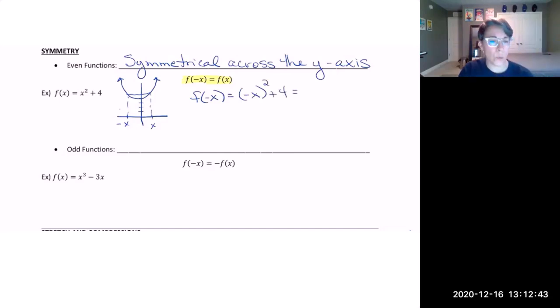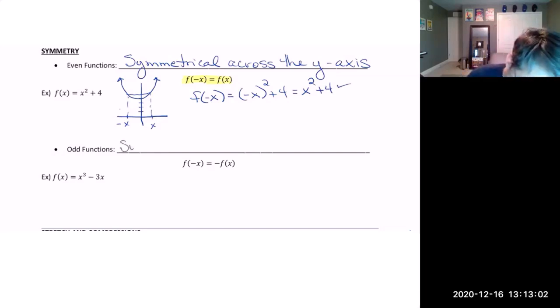Well, anything squared is going to be positive unless it's a complex number. So negative x squared is a positive x squared plus 4. So we did, in fact, get the original function back. Therefore, it's even.